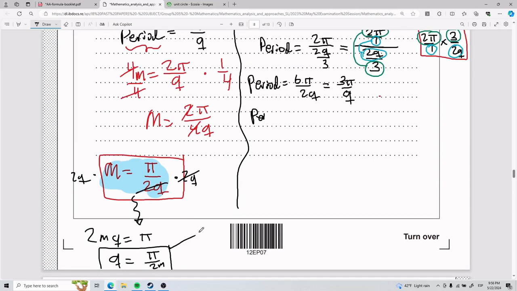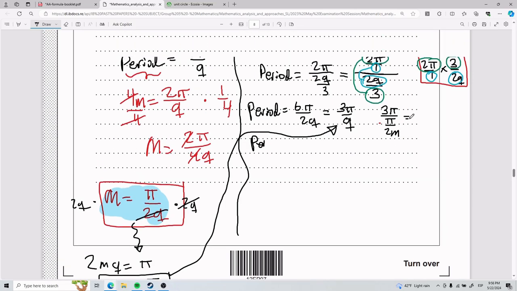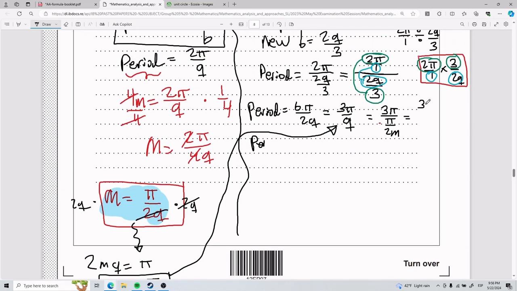Now this I can plug it in over here, and you end up with 3 pi divided by pi divided by 2m. And here I do the big fraction tip, so 3 pi divided by 1 divided by pi divided by 2m. I do the extremes multiplying each other, so it's 3 pi times 2m divided by 1 times pi, so just pi.